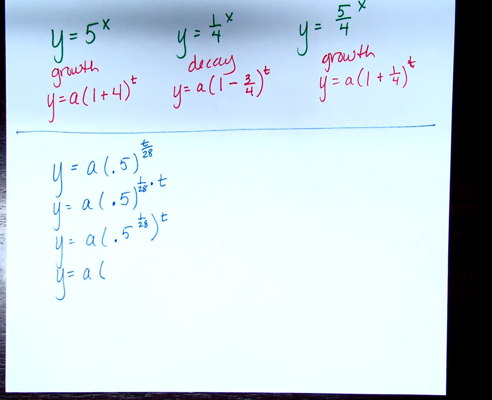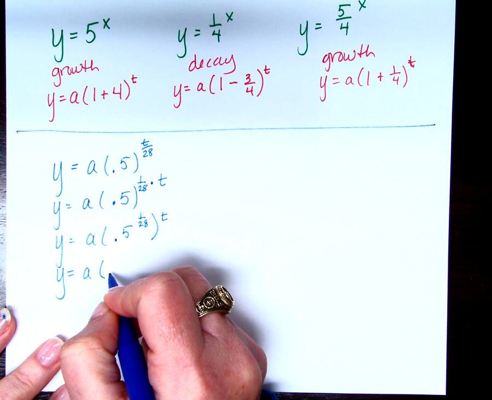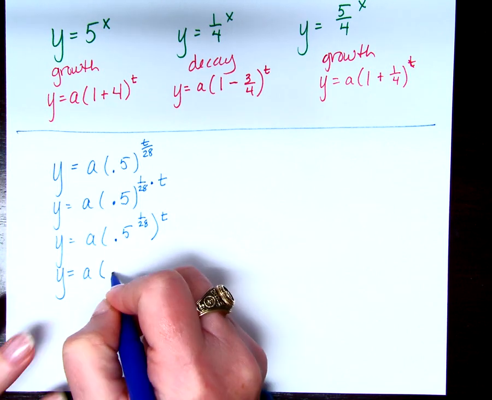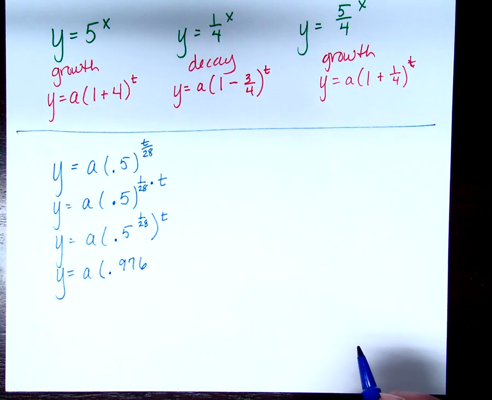What is 0.5 raised to the 1 over 28th power? .976? Yes? To the t power. 0.976 to the t power.